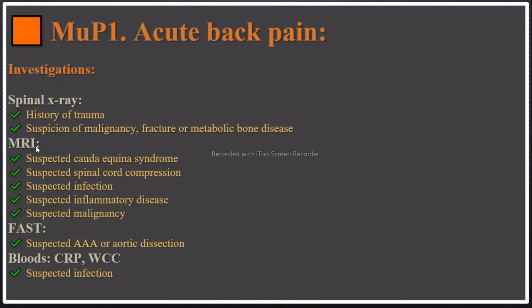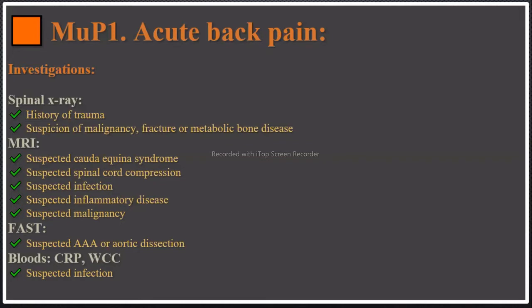What about MRI? When to do it? Suspect Cauda Equina syndrome, suspect spinal cord compression, infection, inflammatory disease, malignancy. So you can choose MRI. If you suspect AAA or aortic dissection, the scan is FAST if the patient is unstable, of course.